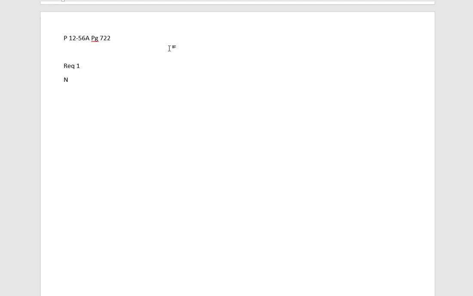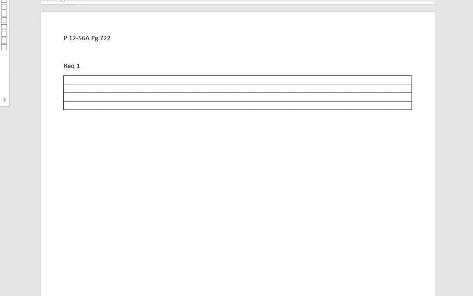So really what I'm going to do here is I'm going to look at each thing. In fact, you know what? Let me create a table. This is going to be 4 by 6.